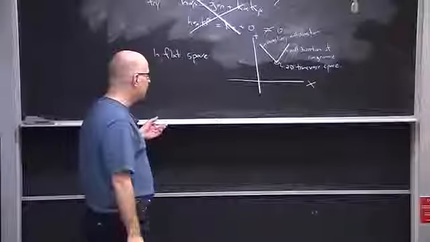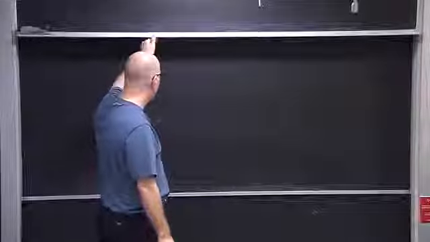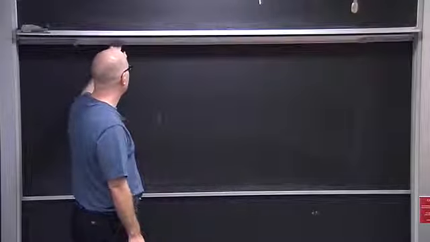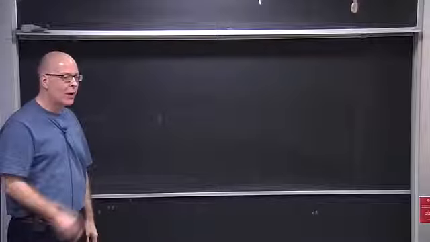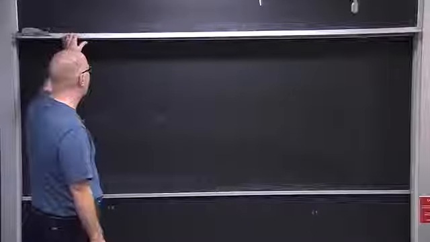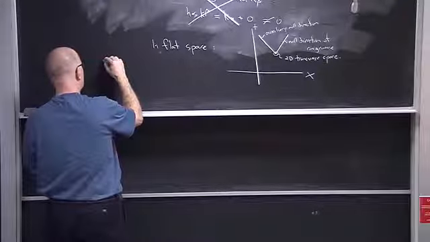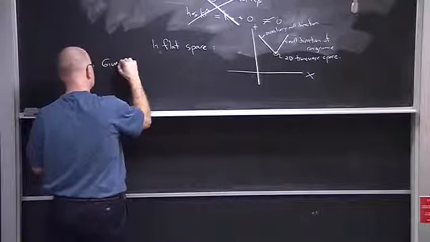Okay? So you can read the discussion in the book. I give you a slightly different take on all of this. But let me just write it out, and then I'll explain that it works. So we're given k alpha.